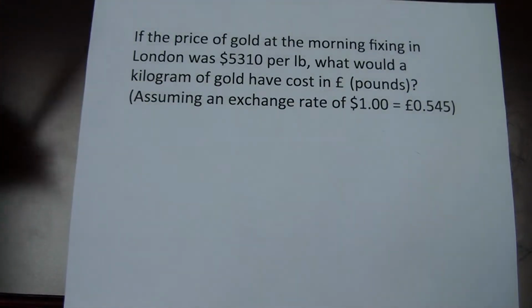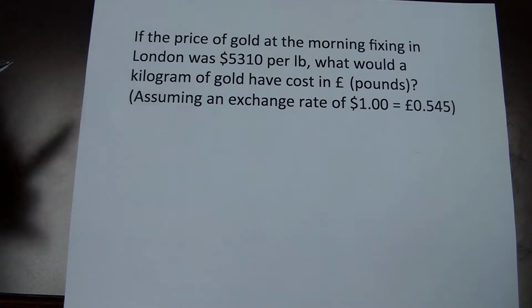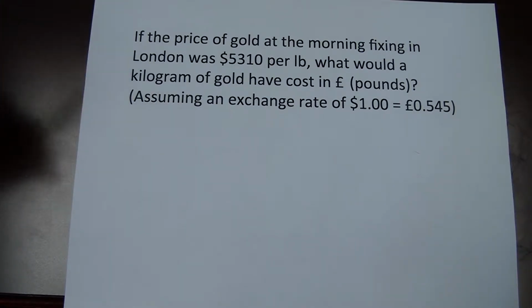The symbol here is for pounds, assuming the exchange rate between the dollar and the pound was $1 equals 0.545 pounds. So the trickiest thing here is going to be keeping the pound as the currency amount consistent with the pound as the mass amount or weight.